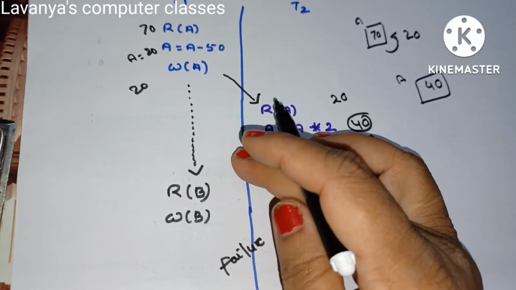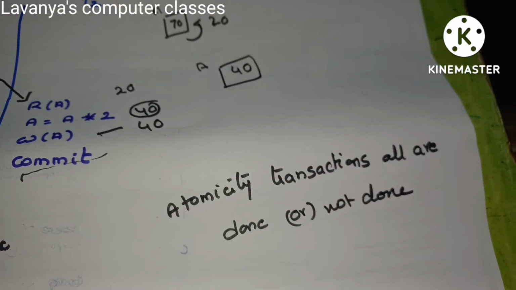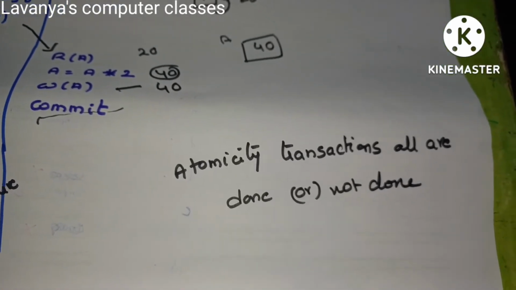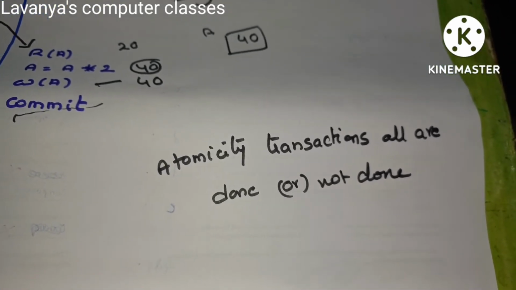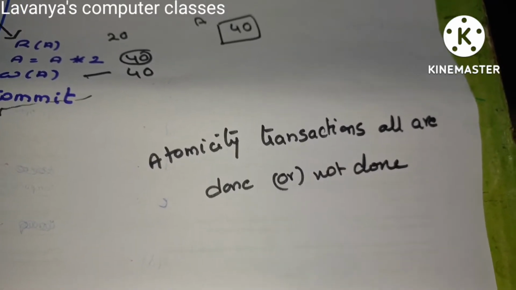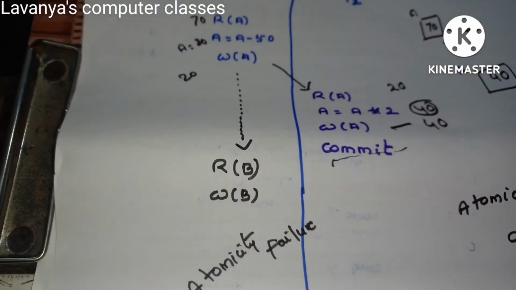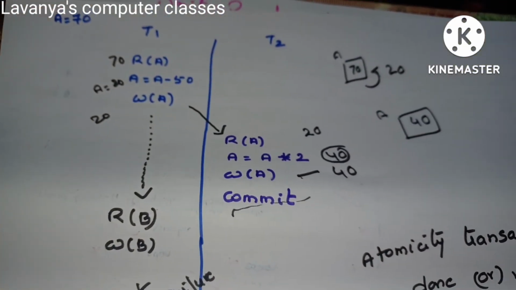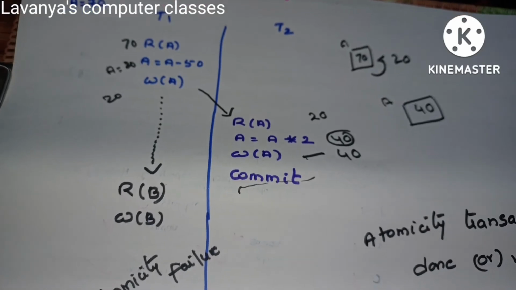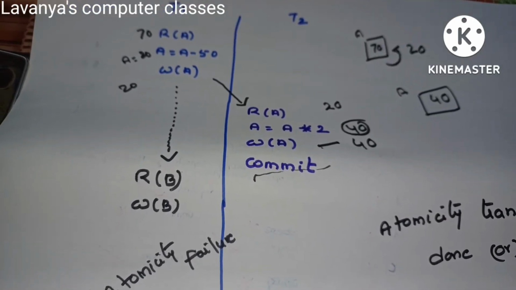Whenever the transaction fails, according to ACID properties, atomicity explains that once the transaction is started, either we complete all of it or we do nothing. That is the property of atomicity. So in this, whenever we start transaction T1, A is completed but B is not completed. Before B is completed, before commit, the transaction failed.